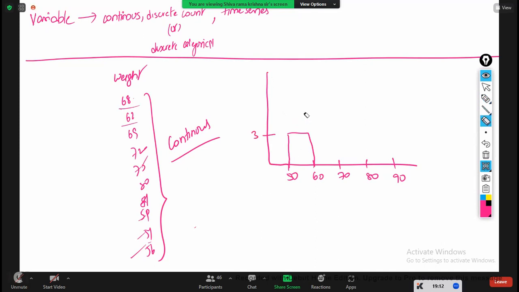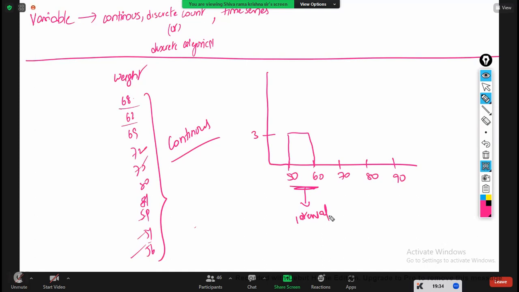Earlier, whatever we have drawn was for each individual category of the discrete variable. Now, what are we going to take? Interval. In the continuous variable, we are going to consider an interval. 50 to 60 is called an interval. In the given interval, how many values are there?